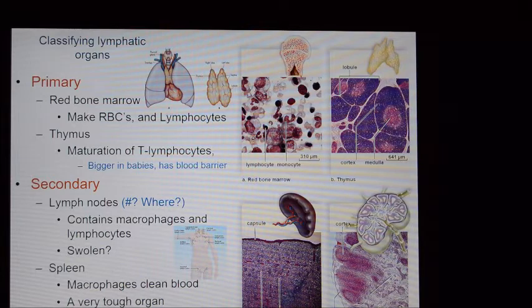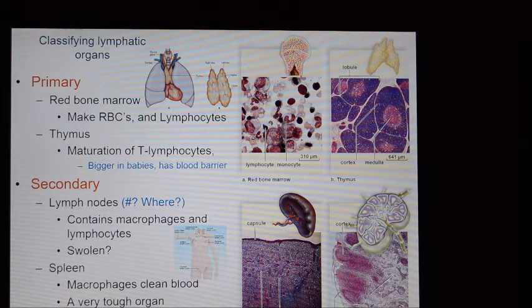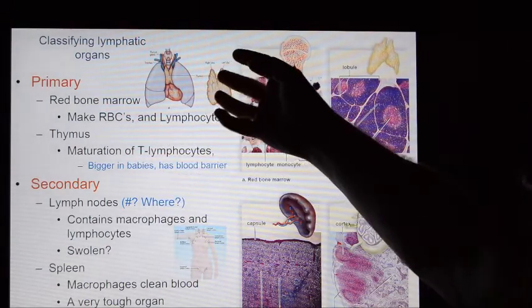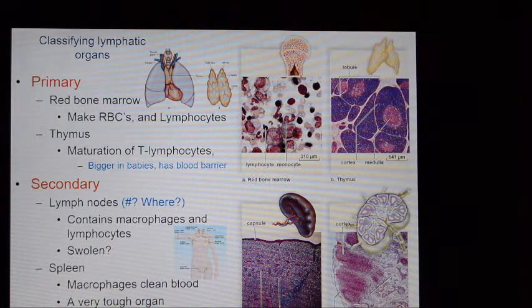Basically, we should wait on this as a concept, and we'll talk more about it in a little while. The idea is that as you age, T cells leave the thymus over time and go out into the body to do their job, whereas in babies, all the T lymphocytes are in the thymus gland, so the thymus gland is quite large.